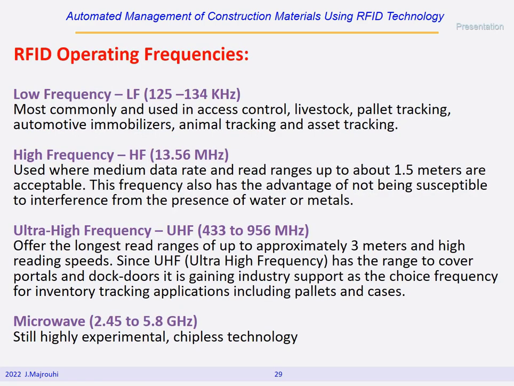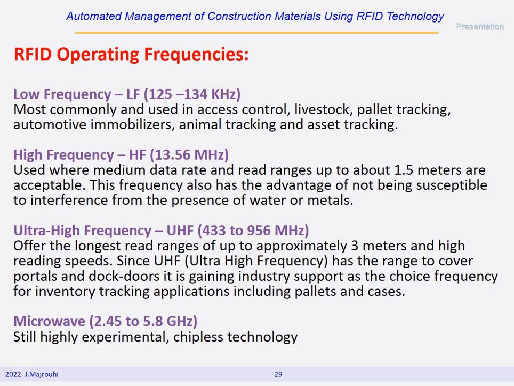RFIDs work under different frequencies. Low frequency ones work between 125 to 134 kHz and are most commonly used in access control, livestock, pallet tracking, automotive immobilizers, animal tracking, and asset tracking.